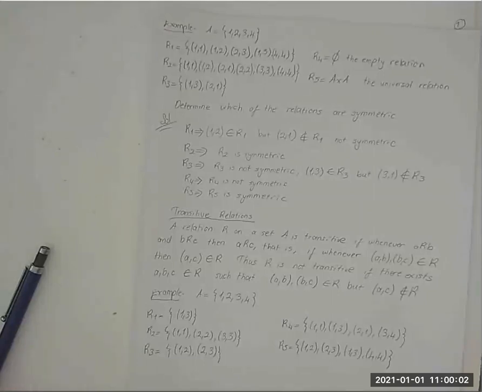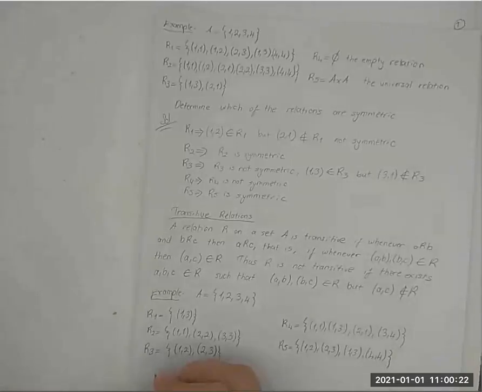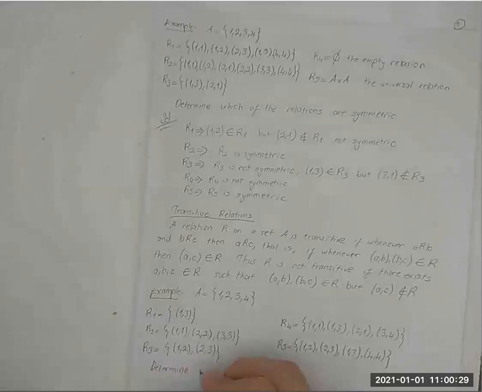So which of the relations are transitive? What do you think? Bouquet said R3, R4.